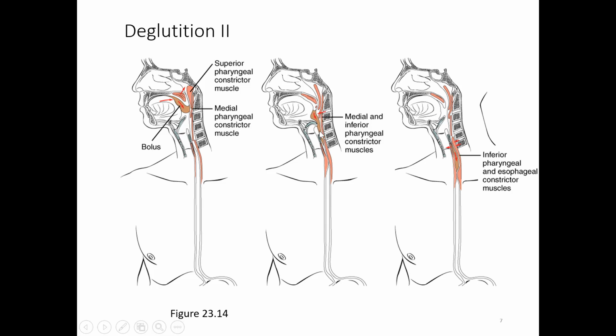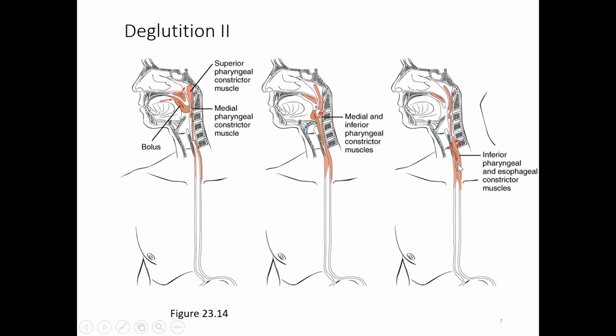The second stage, right here in the pharynx, is when the medial and inferior pharyngeal constrictor muscles start contracting and moving food down to the esophagus. Finally, the third, esophageal phase, we have no control over either. It's when muscles of the esophagus contract one by one, step by step, moving the bolus of food down into the stomach, which is called peristalsis.